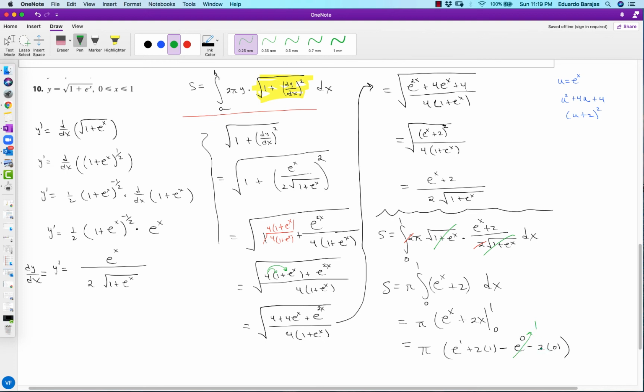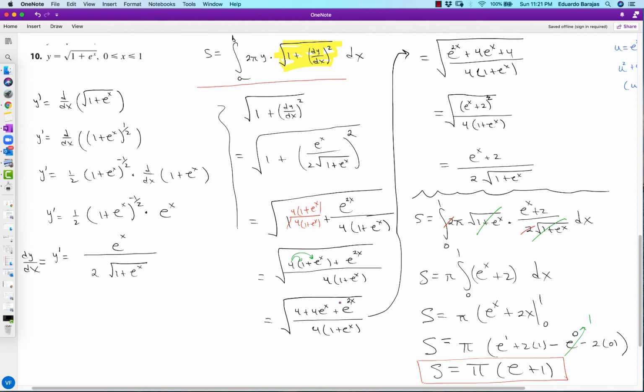And that's just 0. So we get plus 2 minus 1 becomes plus 1. So s equals this, s equals that. So now s just equals pi times e to the power of 1 plus 1. Okay, and so that's our answer.